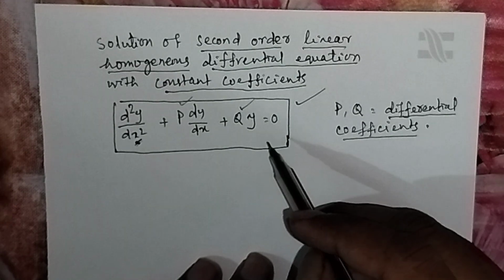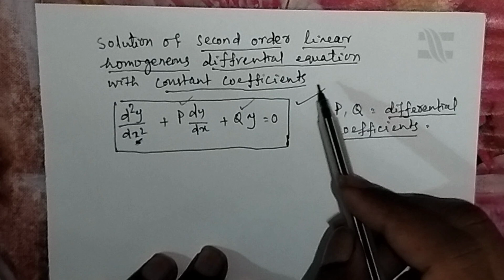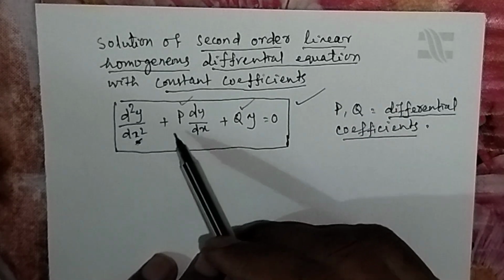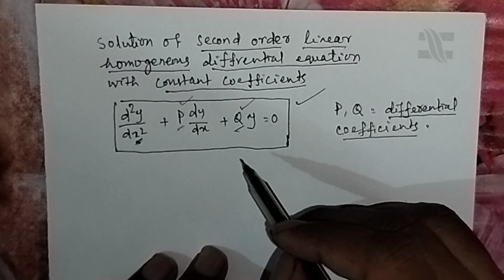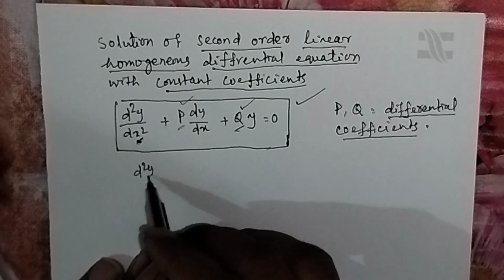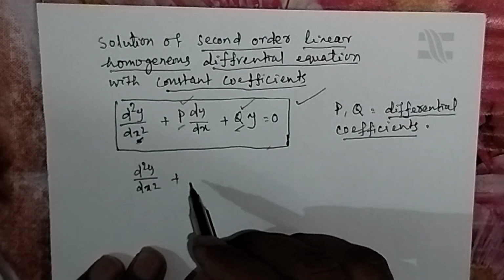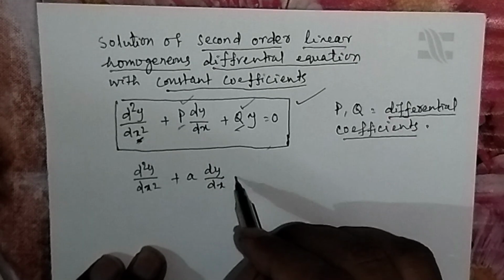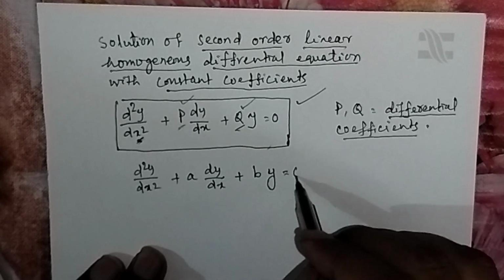But here we will discuss second order linear homogeneous differential equation with constant coefficients. For constant coefficients, the differential coefficients p and q will be constant. So the equation will be second derivative of the function plus a constant times the first derivative of the function plus another constant multiplied by the function equal to 0.